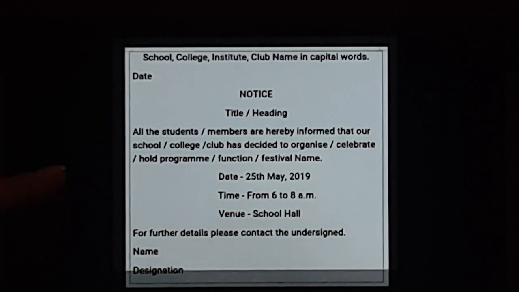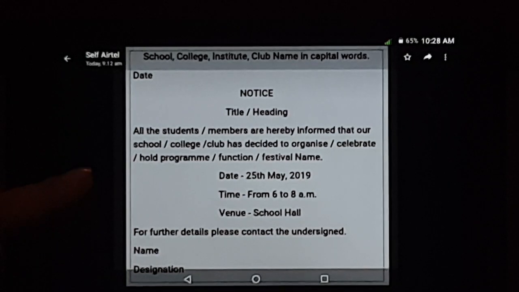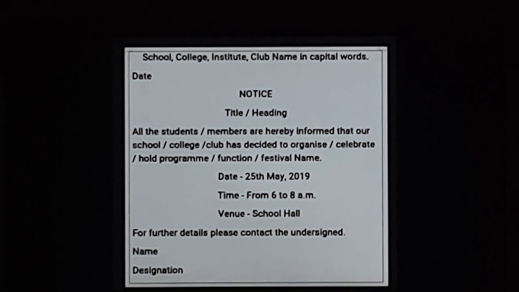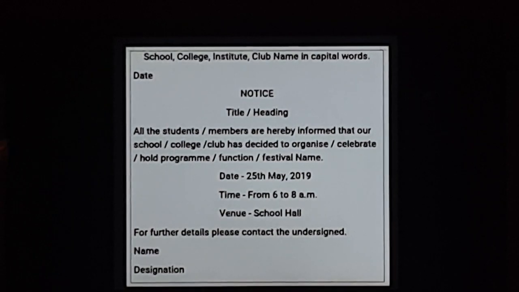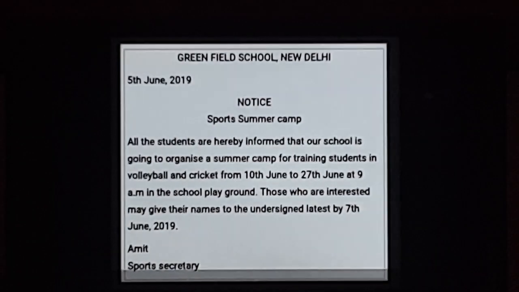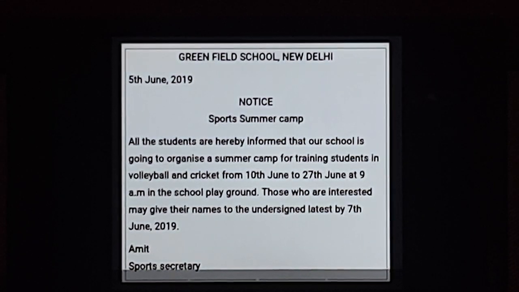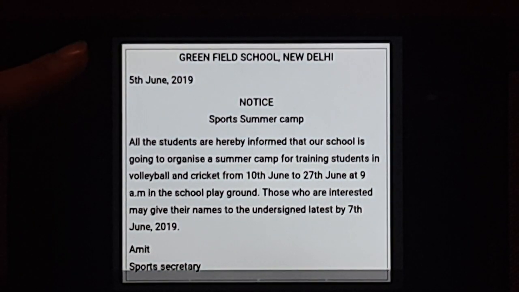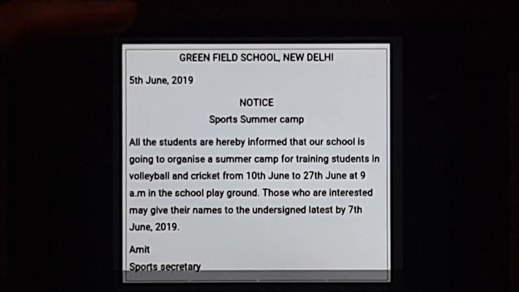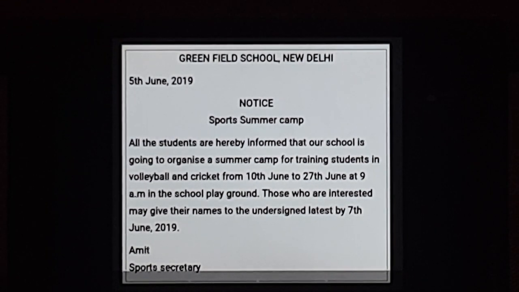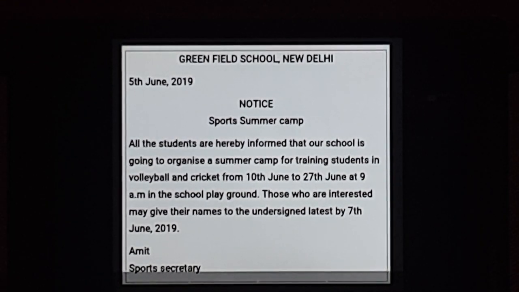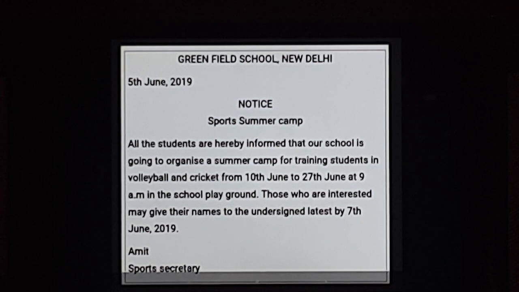Now again, one more format. School name of the institution, then the date, notice, title or heading, all the students or members. These are the ones you will follow. What you can do, soon after the name of the organization, you will write the word notice, and on the left side of that notice, in the same line, you can mention the day.